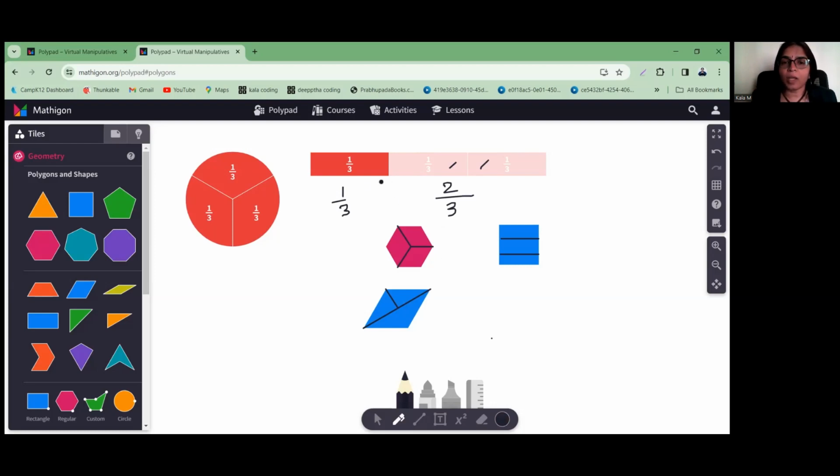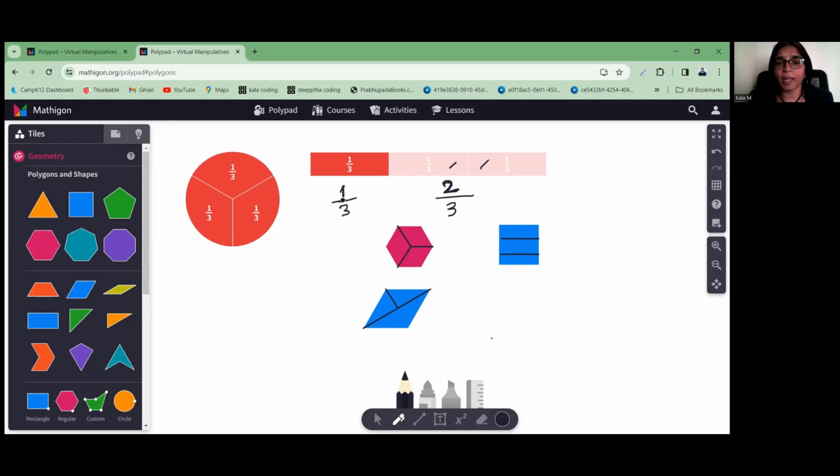But when I'm talking about the number for the red color, because only one piece is colored, I will say 1/3. If I ask what is the number for the white color pieces? Because two pieces are not colored, there's a two coming here. So based on what we are selecting, whether red or white, only the top number will change.